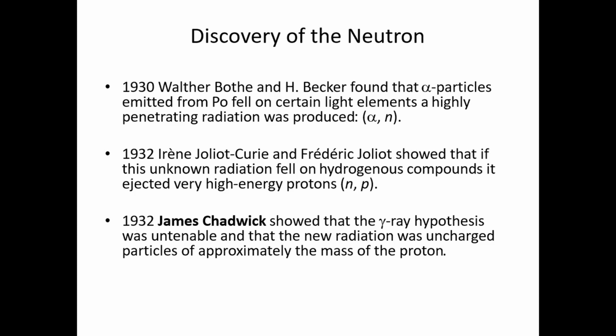They said that it is a very strong gamma ray, and that idea was also rejected. In 1932, James Chadwick showed that the gamma ray hypothesis of the paper written by Curie and Joliot was really not the correct version. And the new radiation that was coming out was uncharged particles, approximately that of the mass of proton. And that led to the discovery of the neutron.